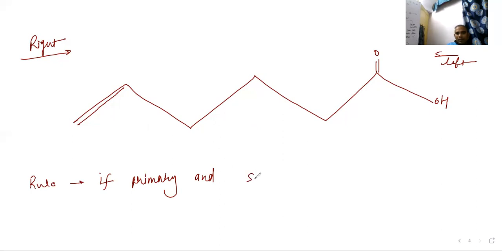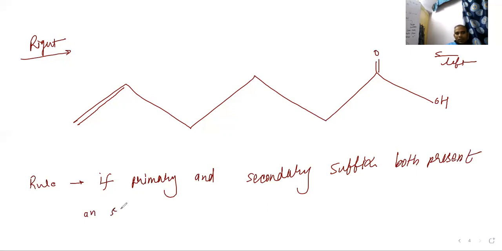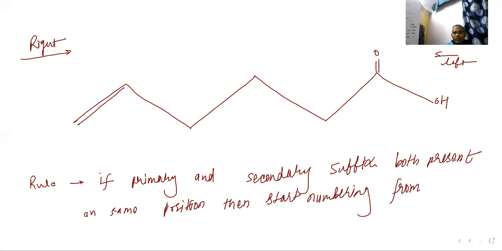If primary and secondary suffix are both present at the same position, then start numbering from the secondary suffix side.